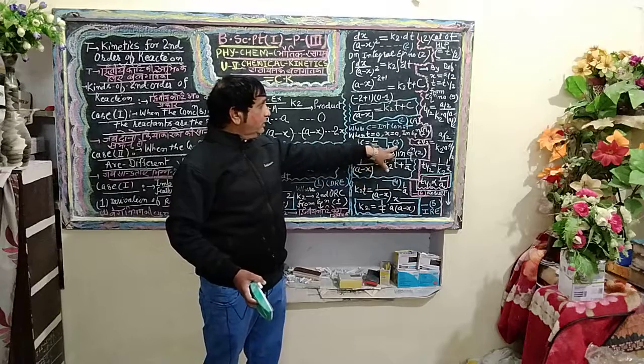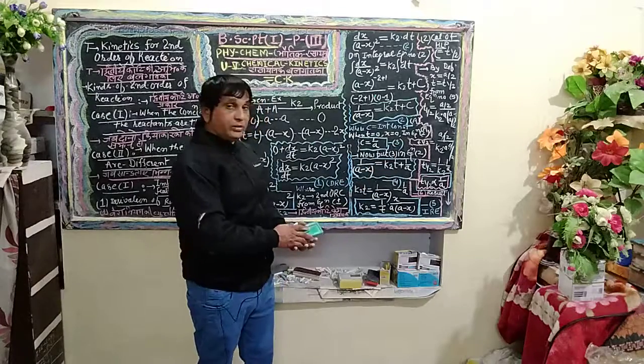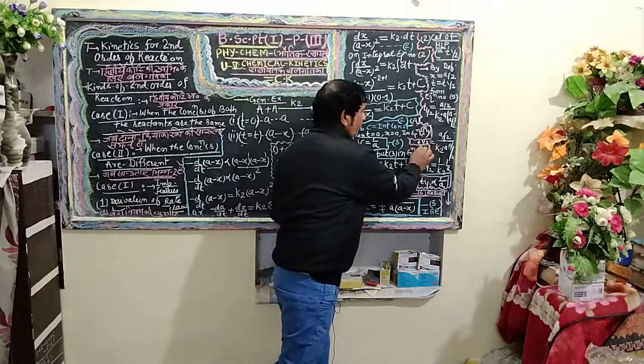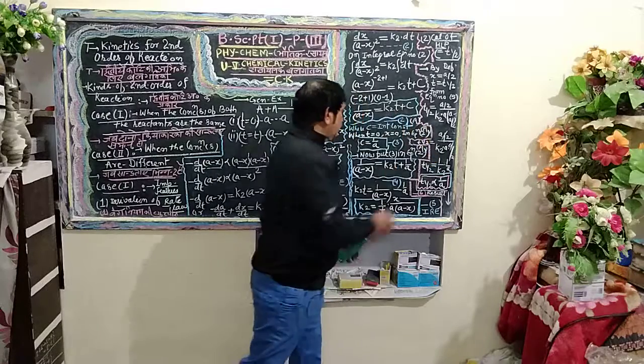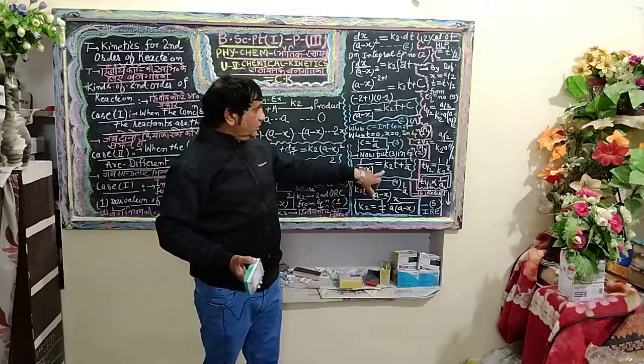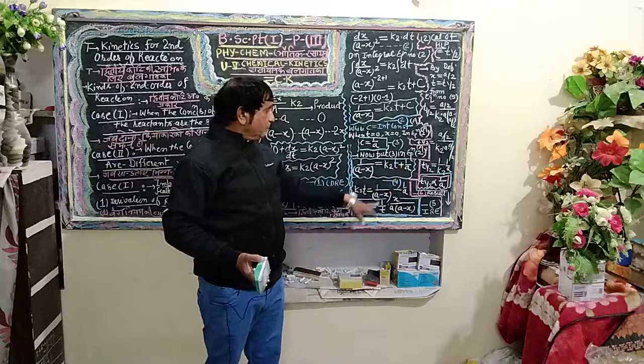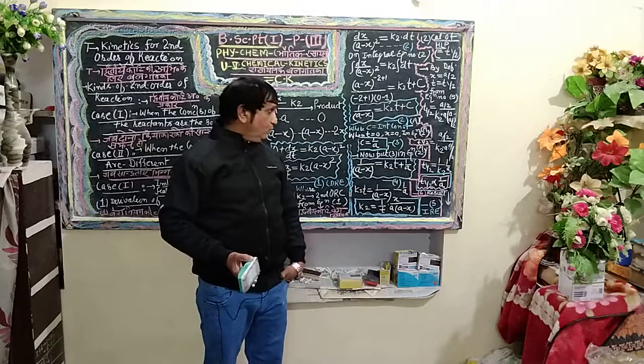Now put equation number 3 in equation number 2: 1 upon (a minus x) is equal to k2 t plus 1 upon a. That is equation number 4.